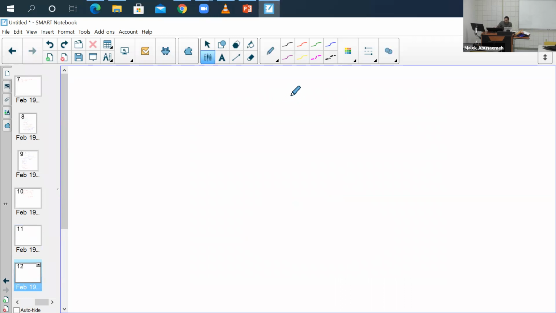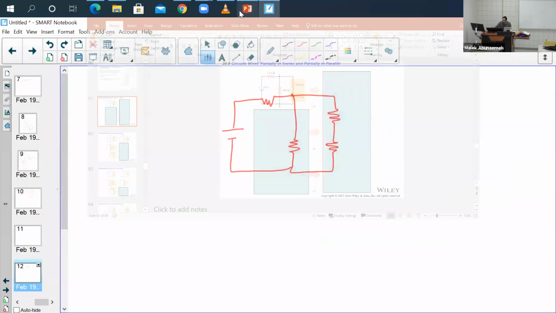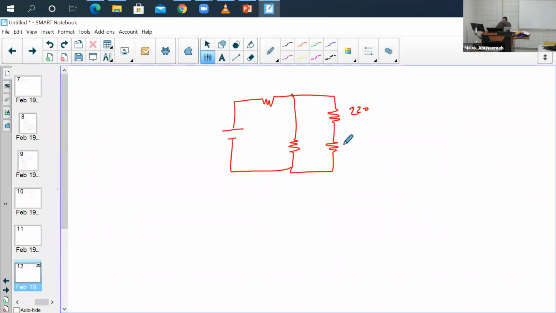So we had one coming in there, one going in connected with one, and then we had one over here and one over here, 2 of them. Let me look at the numbers: 220, 250 ohms. This is 180 ohms. And we got 110 ohms and 24 volts, this is positive, this is negative, that's your 24 volts.